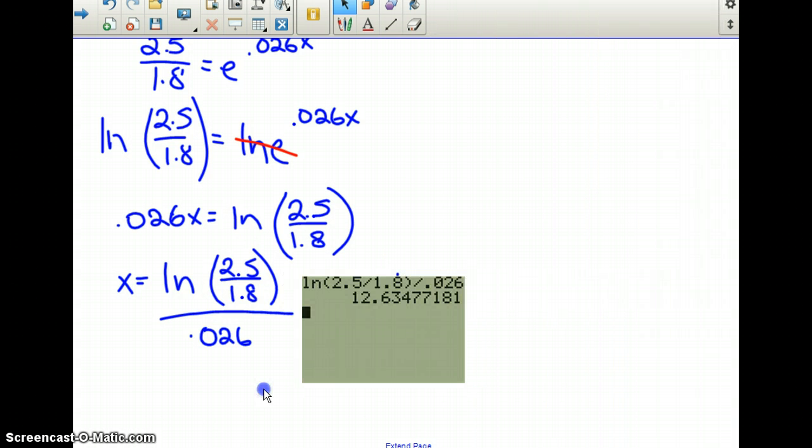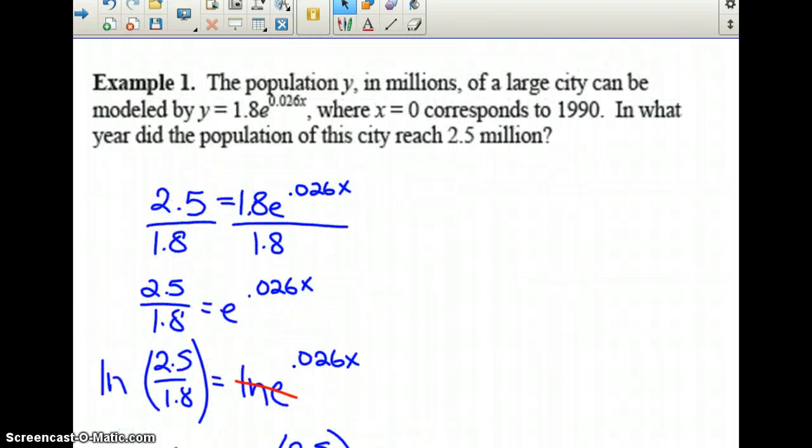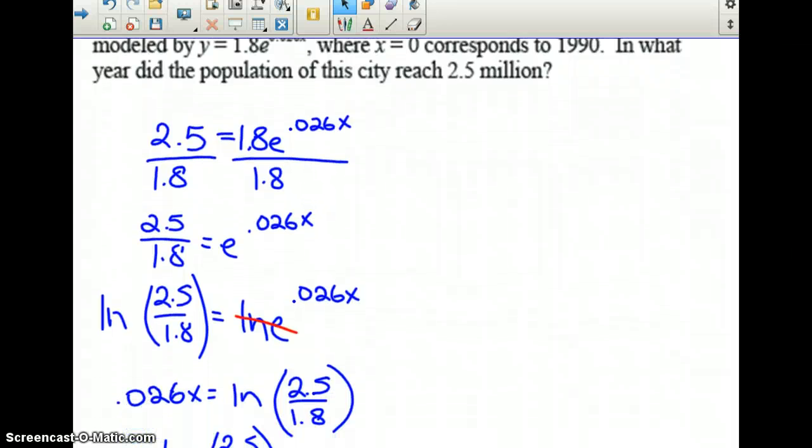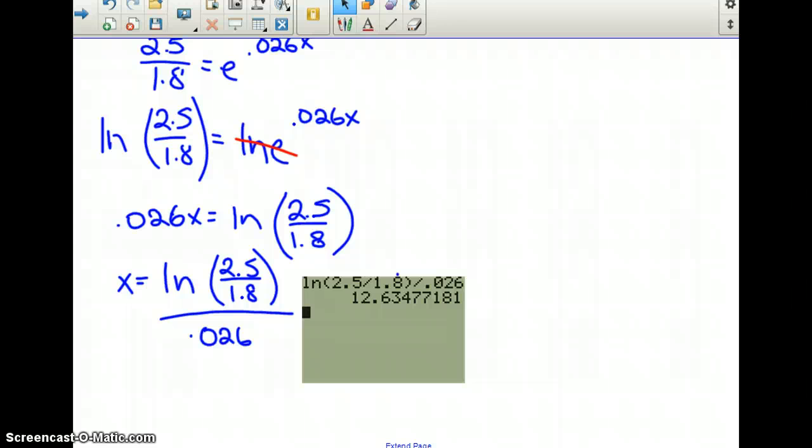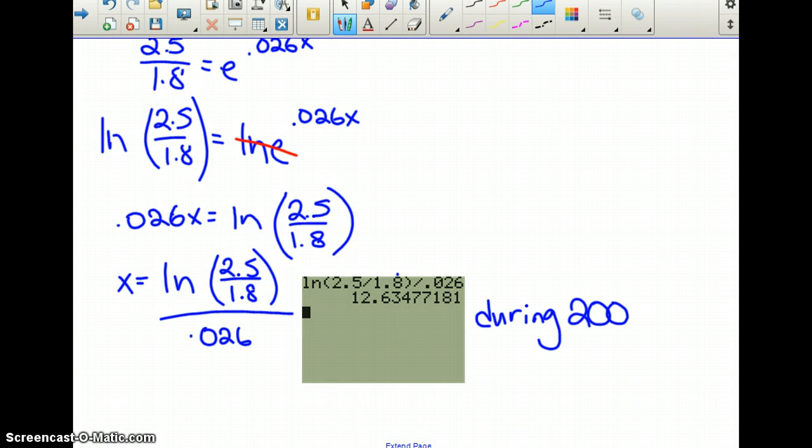Well, x equals 0 corresponded to 1990. 12.6 would be the number of years after 1990. So 12.6 is going to be during the year 2002. So that is when the population will reach 2.5 million.